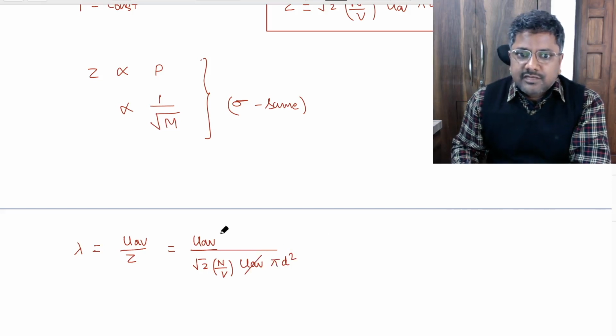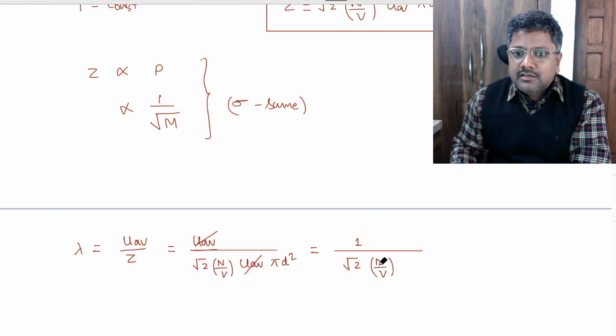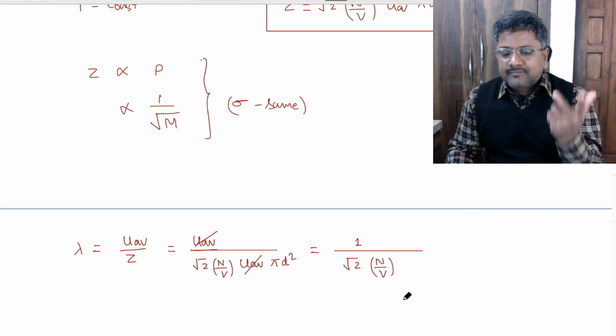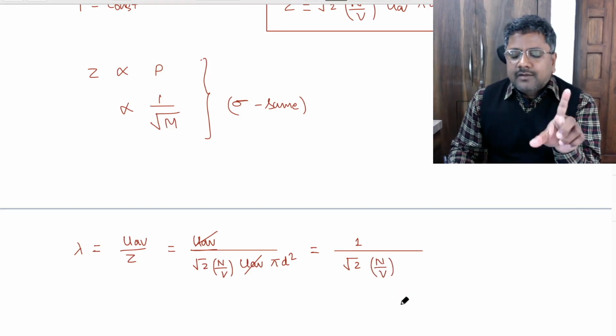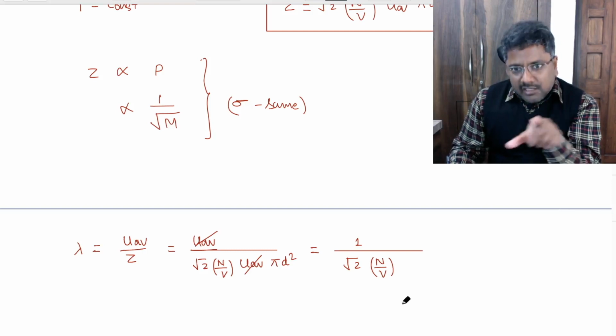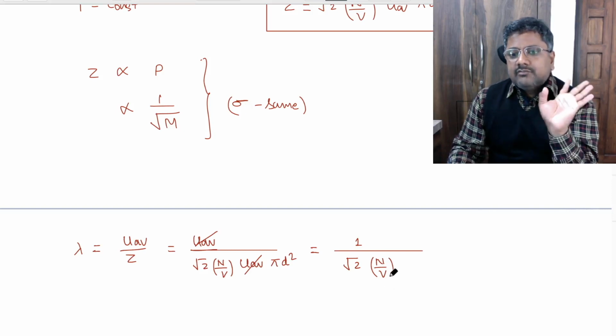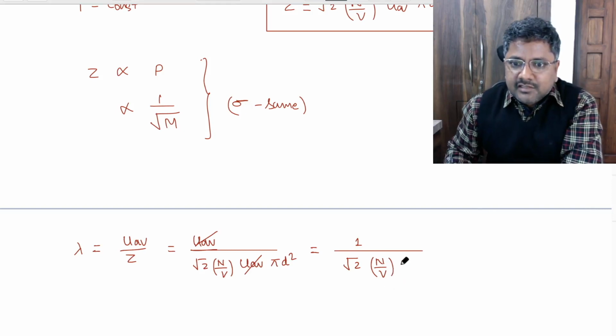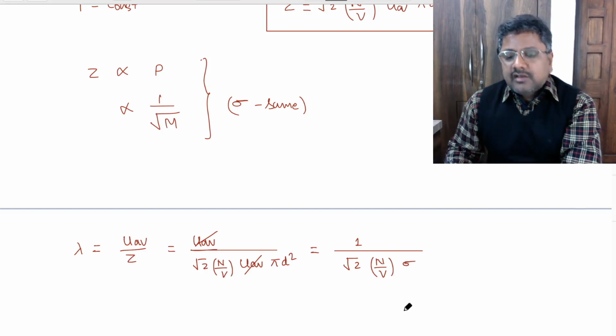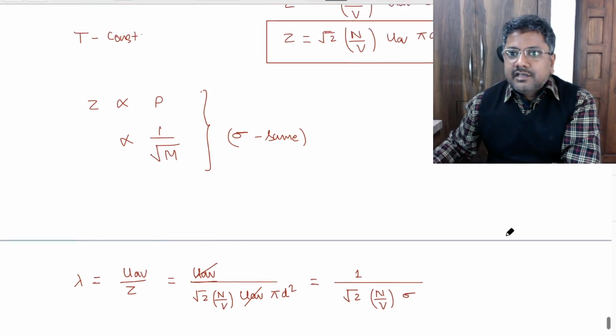So U average cancels, and this is equal to 1 by root 2 n by V sigma. See, this number density is such an important factor that starting from the kinetic theory of gases, through Graham's law and this collision frequency, everywhere this n by V factor is there. So this is equation 4.